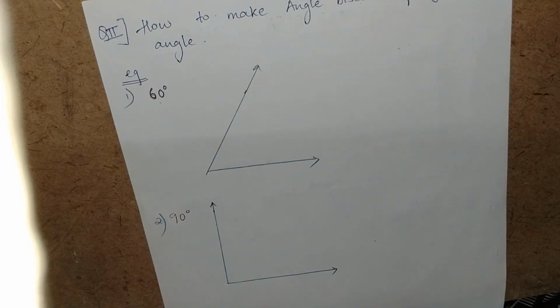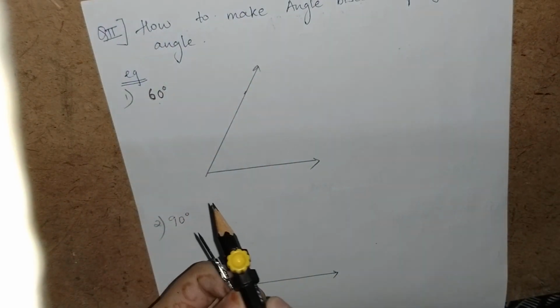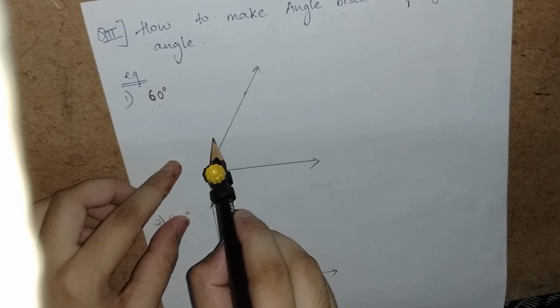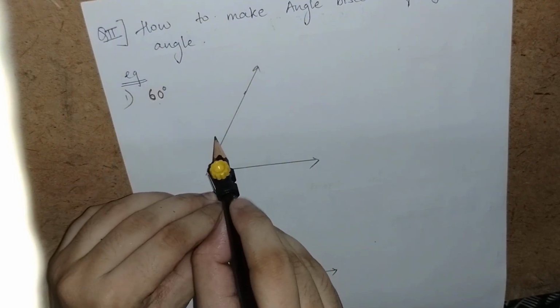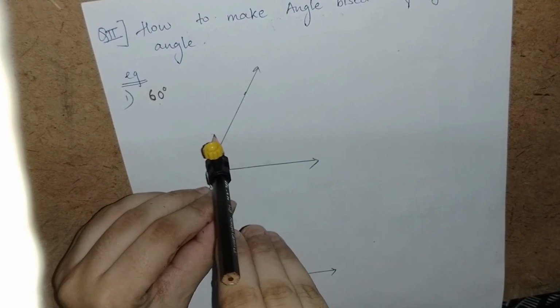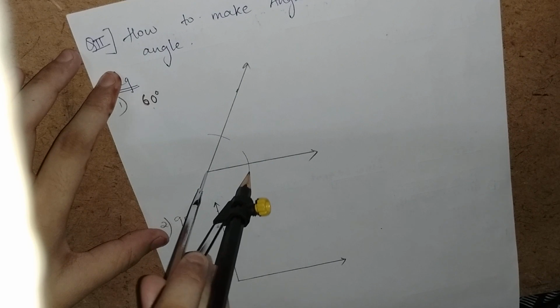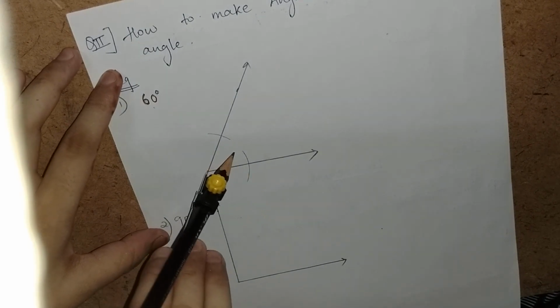So we will need again the help of this tool. What we will do: keep it at the point, extend it a little, and then make one arc at one arm and the second arc at the second arm.